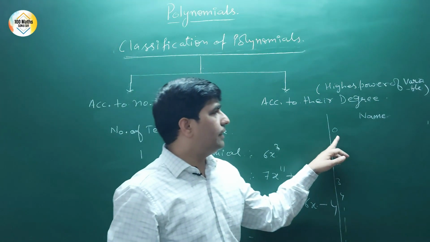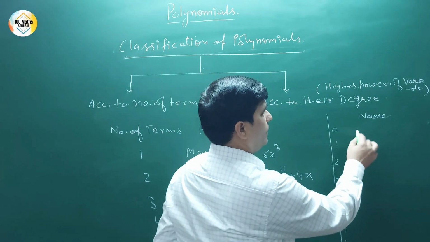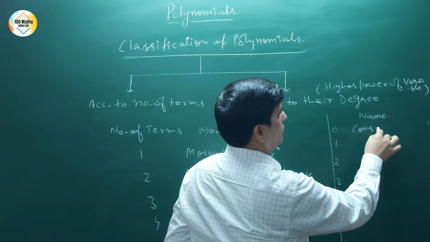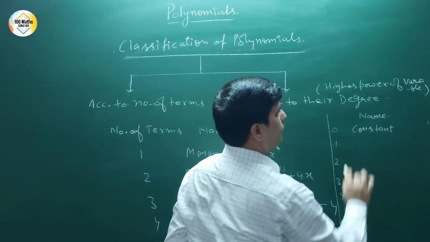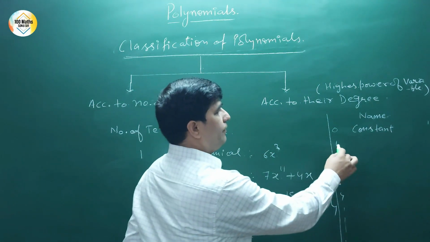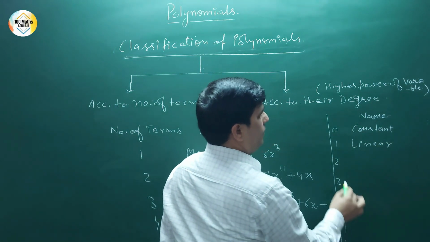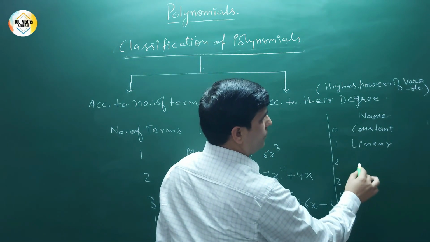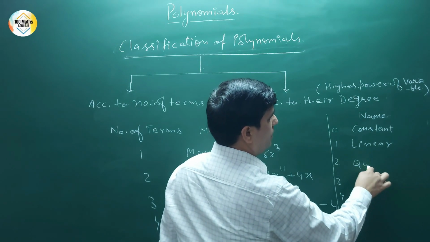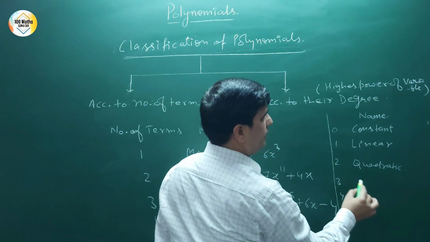So if the highest power of variable is 0, then it is known as constant, right? What is the name of this polynomial? It is a constant polynomial. If degree is 1, it is known as linear. What if degree is 2? It is called quadratic. What if degree is 3?